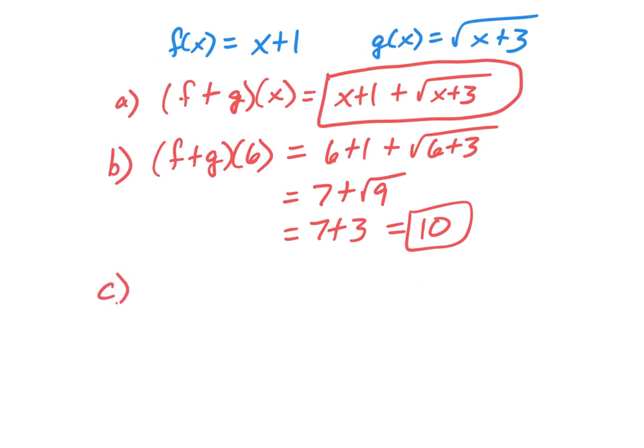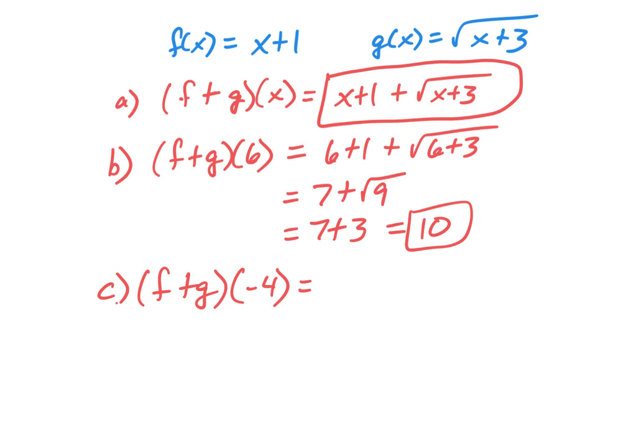Okay, the third one on this one, very similar, f plus g of negative 4. Okay, f plus g of negative 4, once again, we've already done f plus g, right?